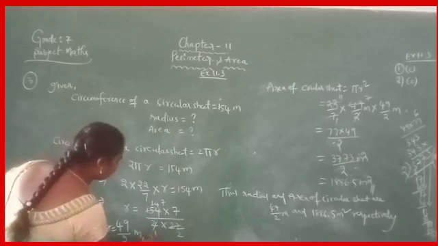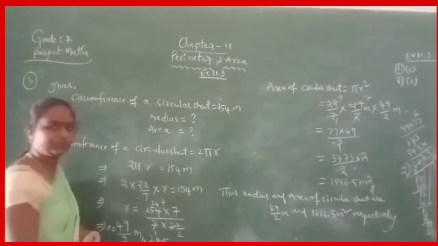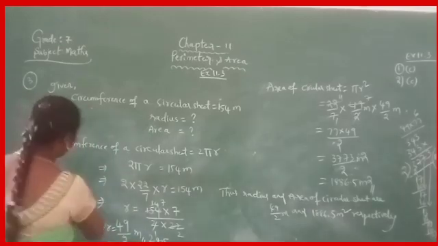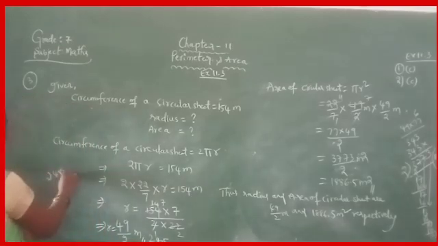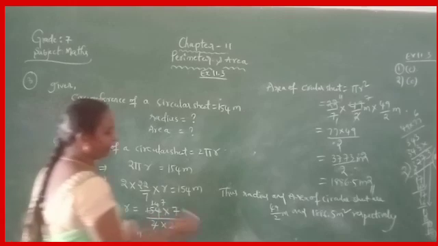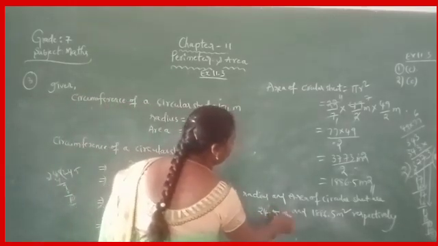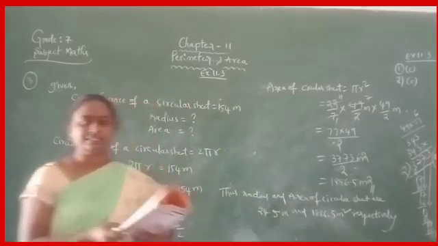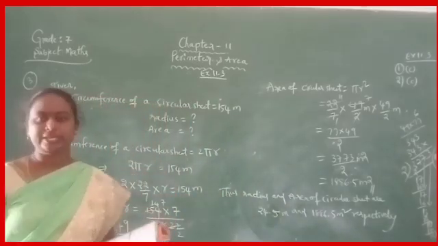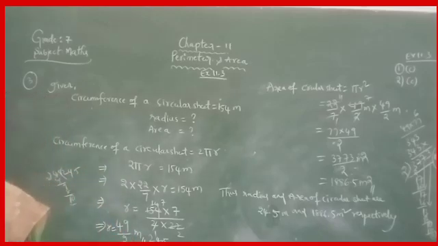That is 24.5. Divide 49 by 2: 2 fours are 8, 1, and 0.5, so that is 24.5. So 24.5 meters and 1886.5 meters square respectively. So like this you have to find.